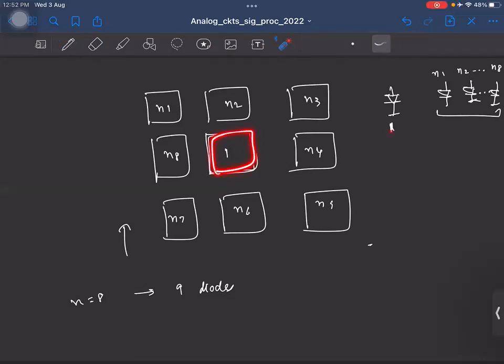It doesn't make sense to place this diode at the corner, because you want the sum of all these 8 to match the operating condition of this guy. So that is why you make sure this is at the center, like here. So if you have any kind of gradient in this direction or in this direction, it averages it.